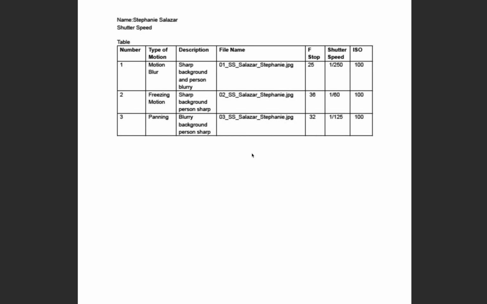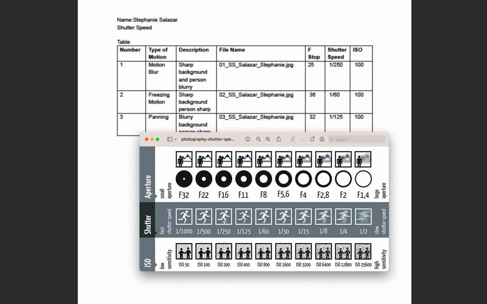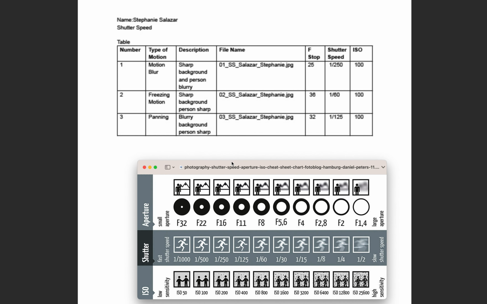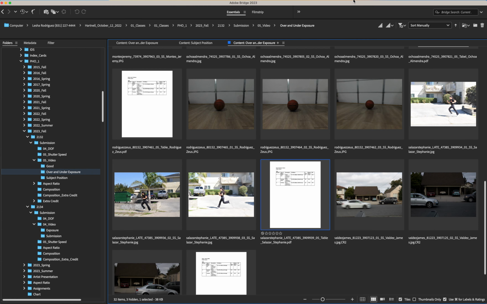I would recommend changing the shutter speed to 1/30. The f-stop is okay because she's at 25. It's probably her smallest aperture. So change that shutter speed. I hope this was helpful, and I look forward to seeing your photographs.